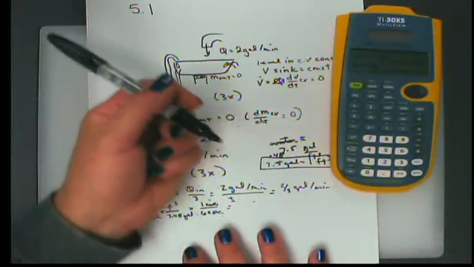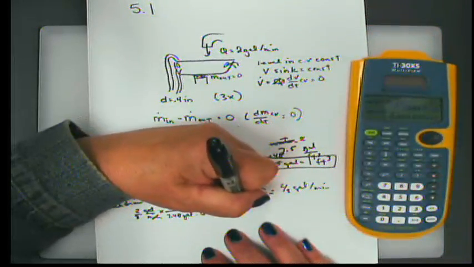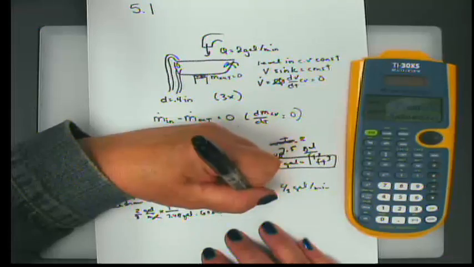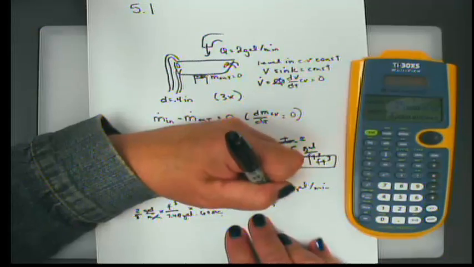And so the value that I get per drain is 0.001485. It's an awful lot of significant figures, but we'll keep it there for a little bit.